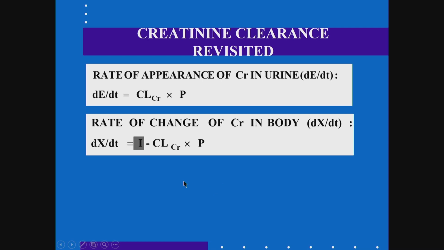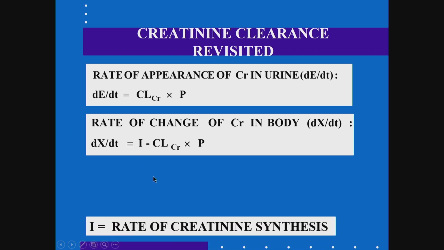Now let's think about the rate of change of creatinine in the body, X being the amount of creatinine in the body. So we have dx over dt now being equal to I, the rate of creatinine synthesis, this is an endogenous product, minus the clearance of creatinine times the plasma concentration.